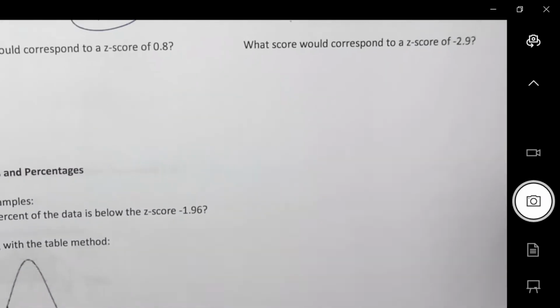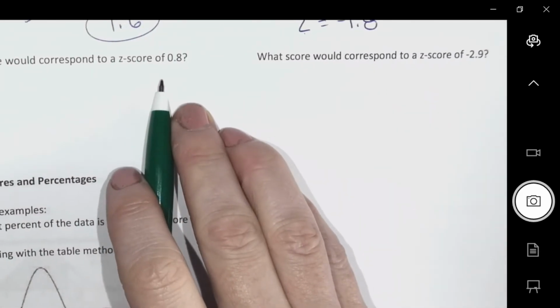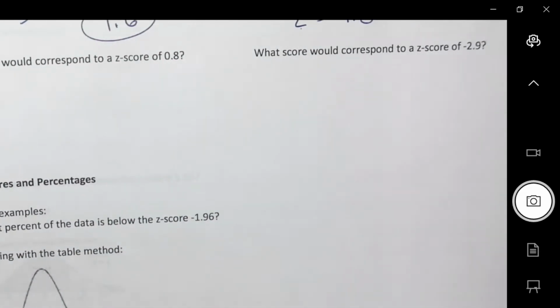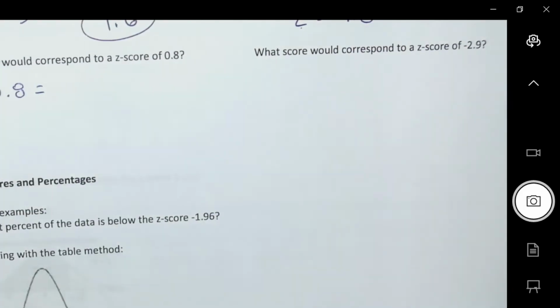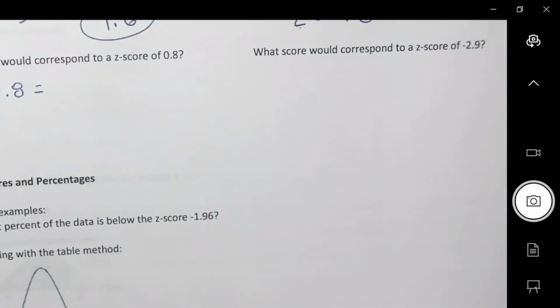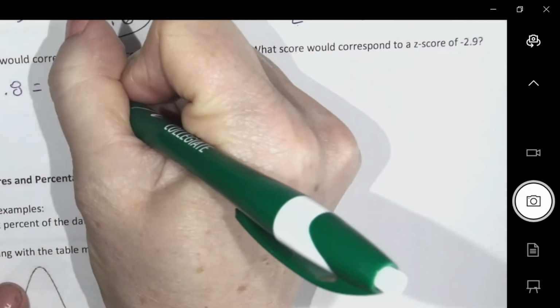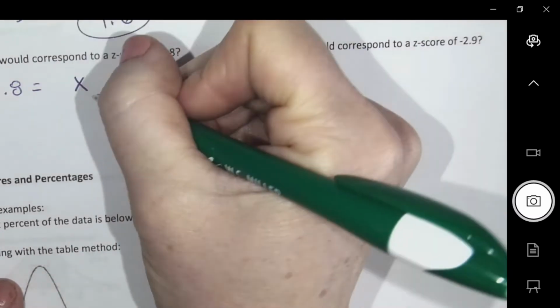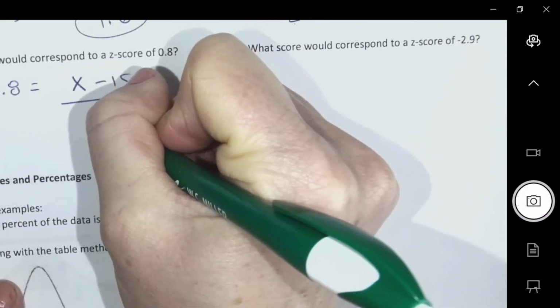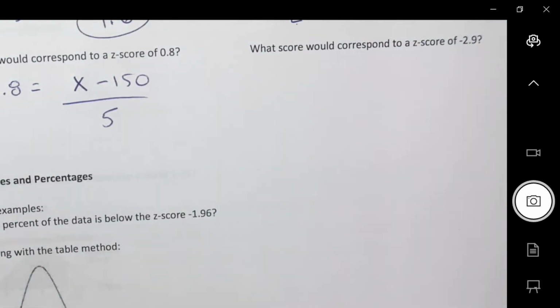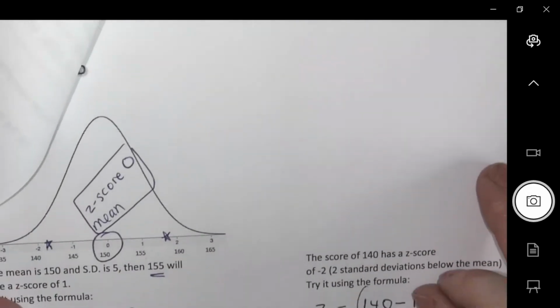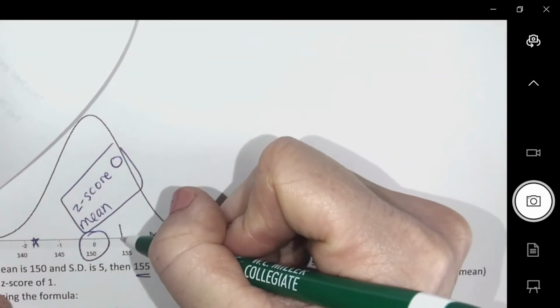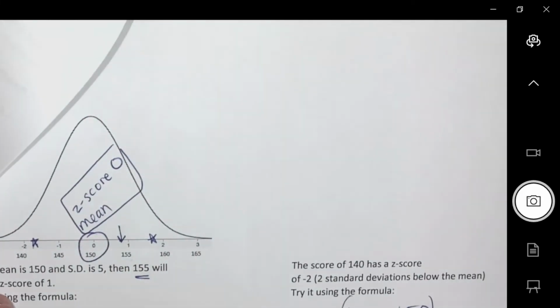Okay, the score that corresponds to a z-score of 0.8. So this time I gave you the z-score. So in the formula, I'm going to write 0.8 there, because that is the z. This time I want to know x, my score, minus 150 over 5. Okay, so 0.8, I'm going to look on my thing here. 0.8 on the z's would be right here.